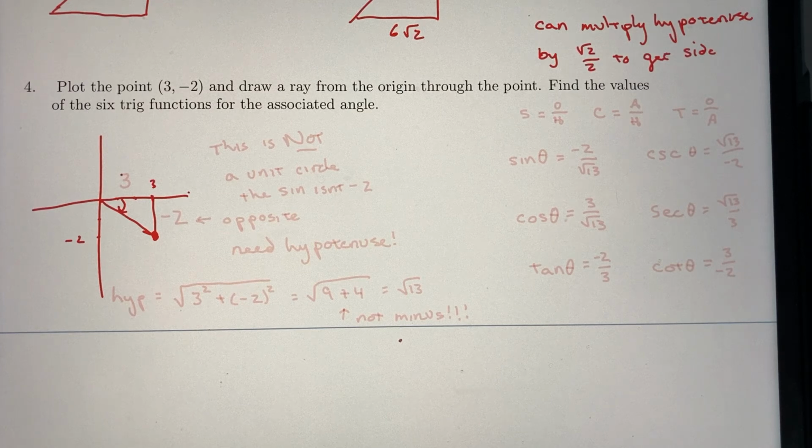We've got 3 on this side and negative 2 on this side. So notice that negative 2 counts as the opposite. It's not the side. We need the hypotenuse.